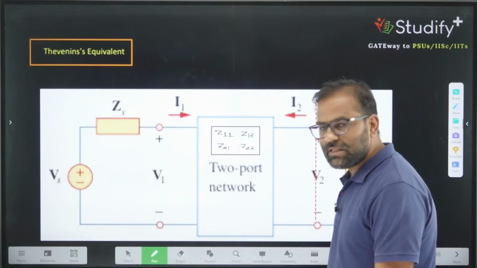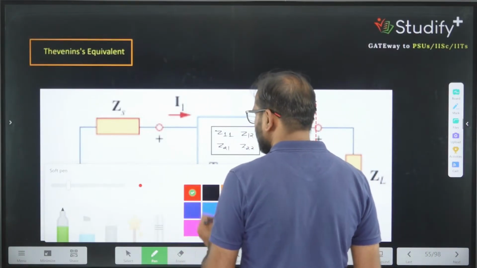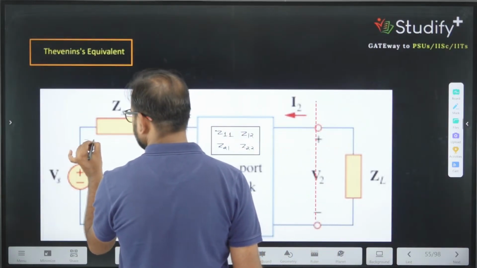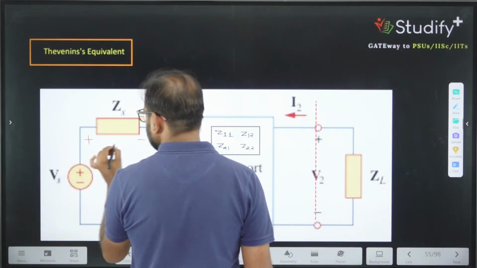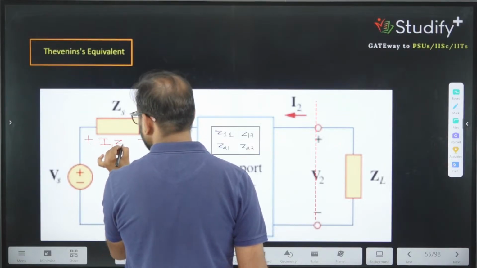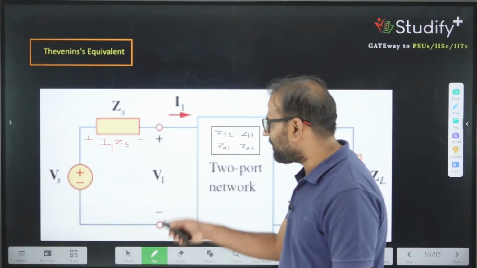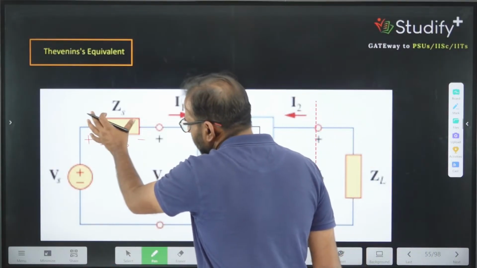Okay. What else is available to us? The current coming from this node is I1. So you can say this potential drop is I1 into ZS. If this potential drop is I1 into ZS, can I say the value of V1 is Vs minus this potential drop?